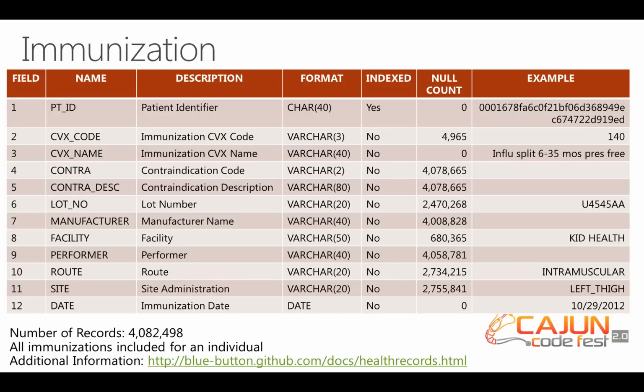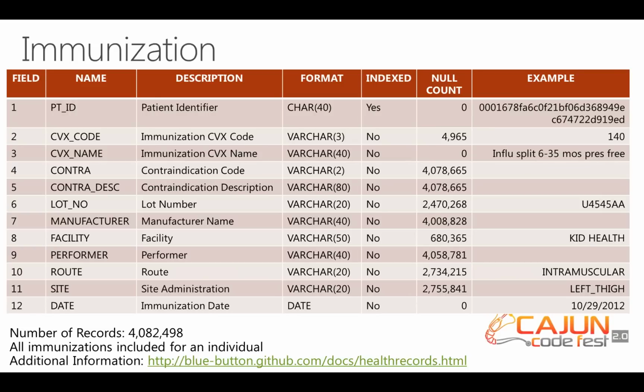Children who are immunized today will have a complete record, but for those who are older and where there are paper charts, not all of that information was captured at the time and then entered into the Louisiana immunization registry. I'm proud to say that Louisiana has the best immunization registry in the country with the most robust information, and we're excited to make that available to you for this competition.